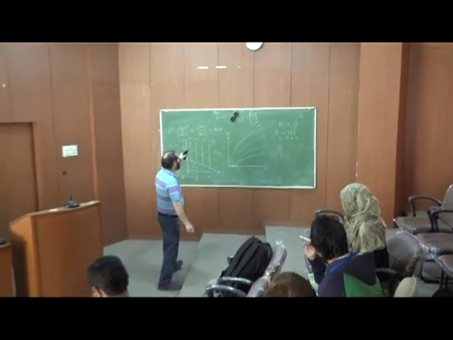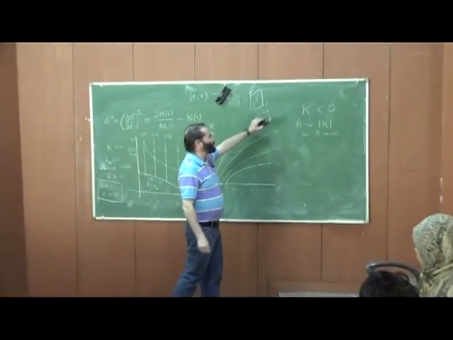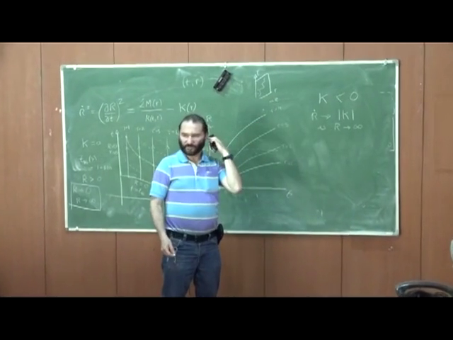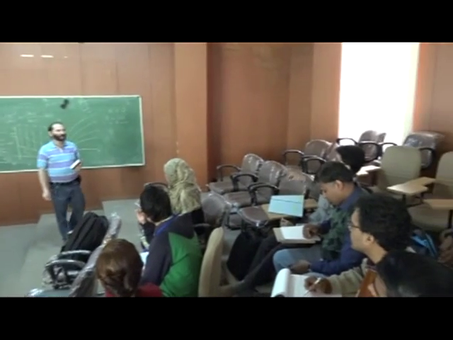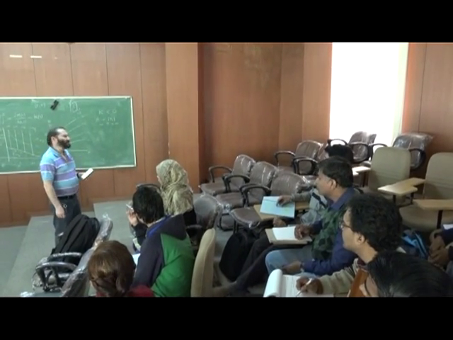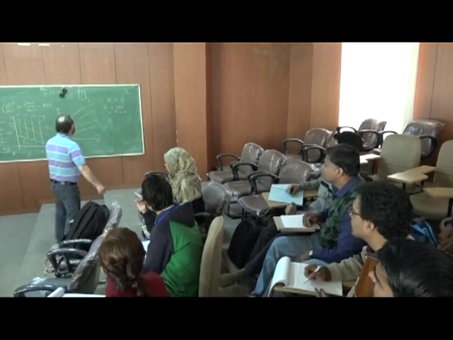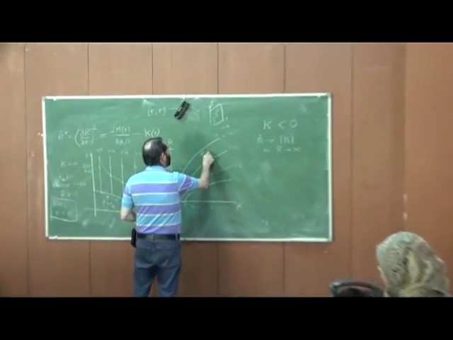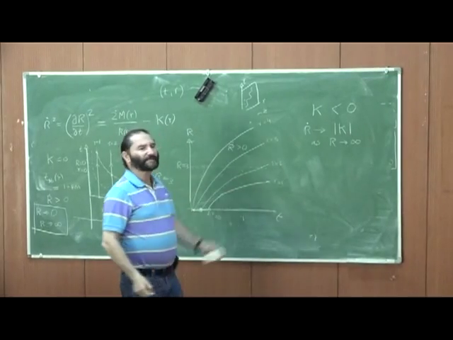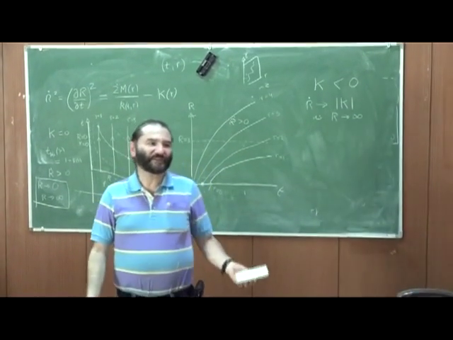Okay? Now we've seen K negative and K 0. So is R double dot 0 or non-zero? R double dot? No, not necessarily 0. For example, look at this. Here you have R dot increasing. And by the convexity, how do you have a sign?